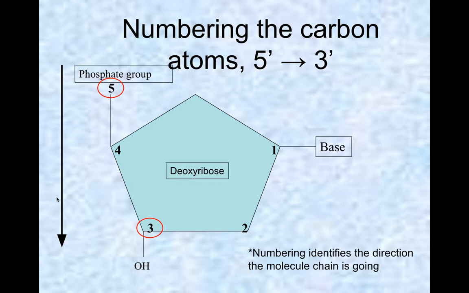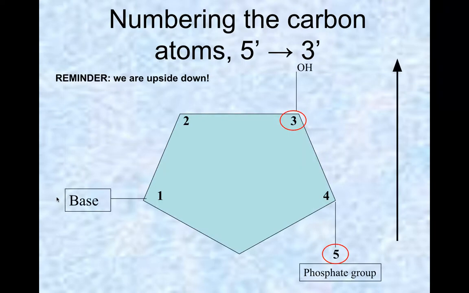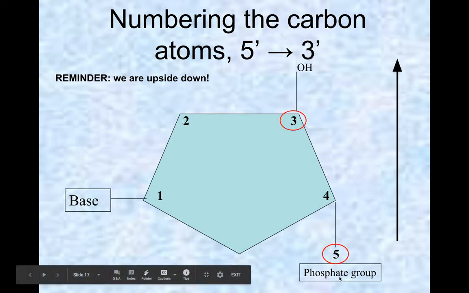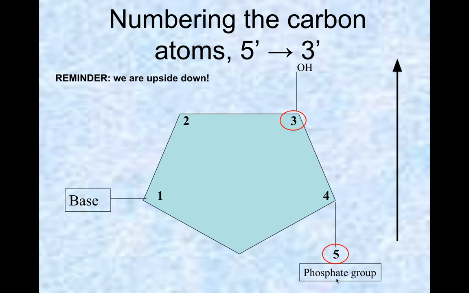But let's look on the other side of the DNA molecule. We're upside down, right? Because remember, we flipped that nucleotide. So we're still going to number using the same pattern, starting at the base, carbon 1, around to 2, 3, 4, and then 5 is attached to the phosphate group, which is now on the bottom. And what do we see?